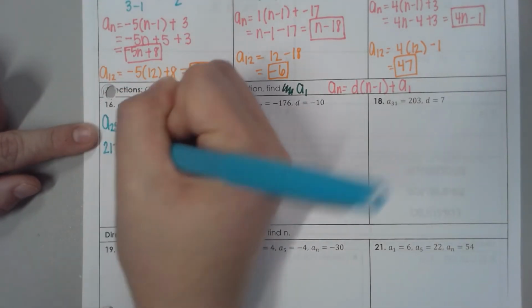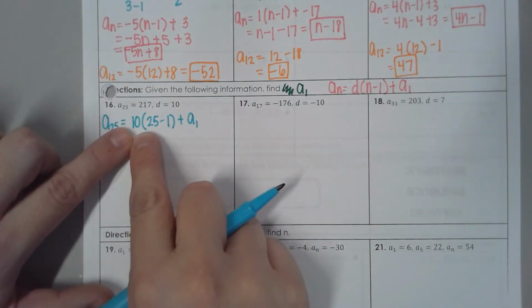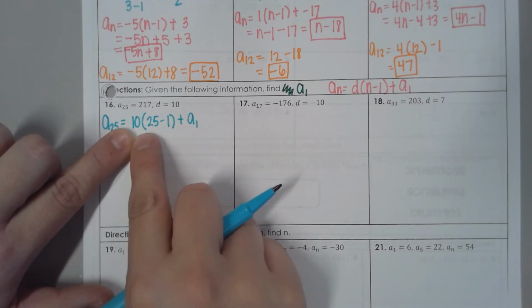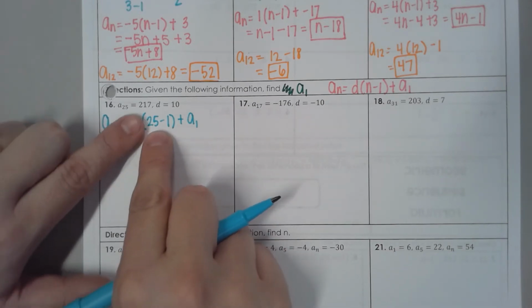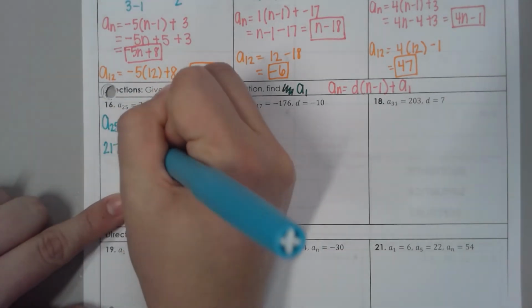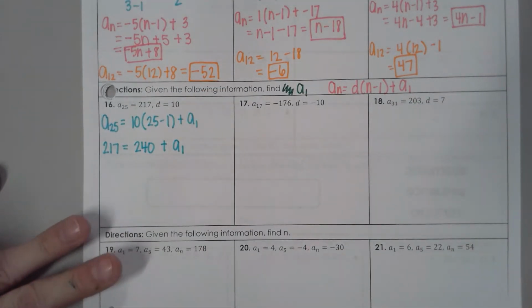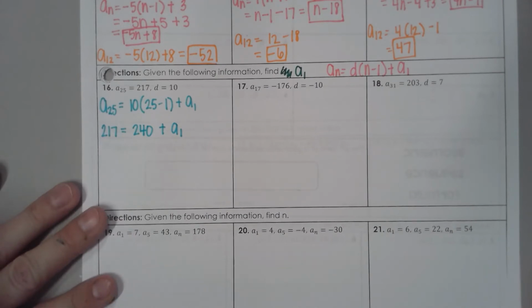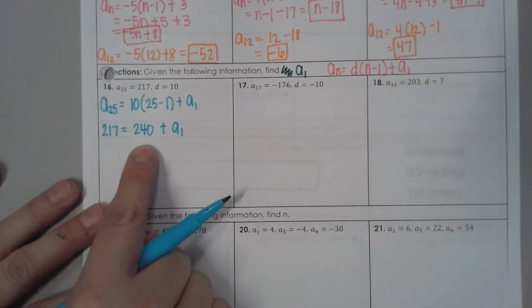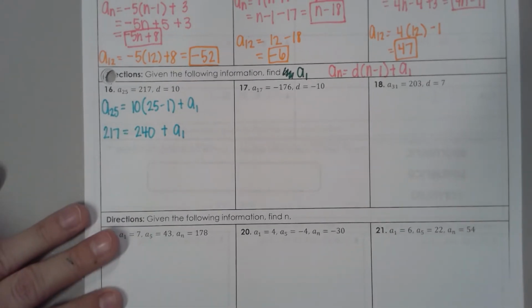So 217 equals, what do I get when I multiply this? 10 times 24. 25 minus 1. 240. Plus A1. And then if I subtract 240, that'll give me my A1. So what's 217 minus 240? Negative 23.